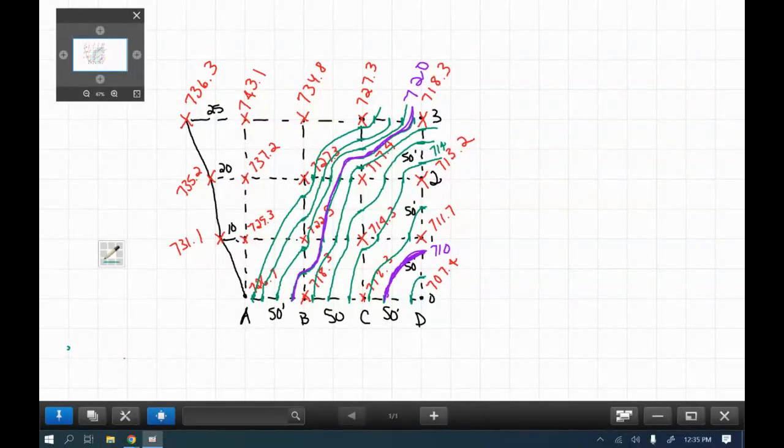Okay, now I've got to do some more lines because I don't have any. So that's 726. And it's got to come in between the A and the 731 is where I need to start. So that's 726. You have a 728 and a 730 in between here.